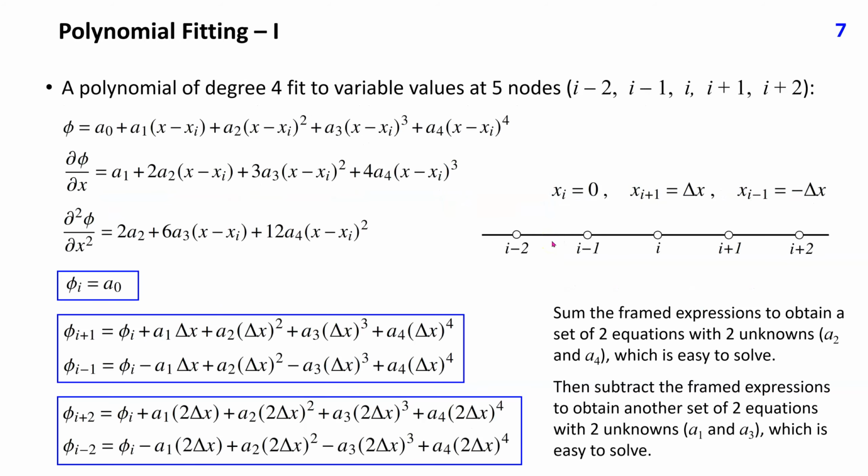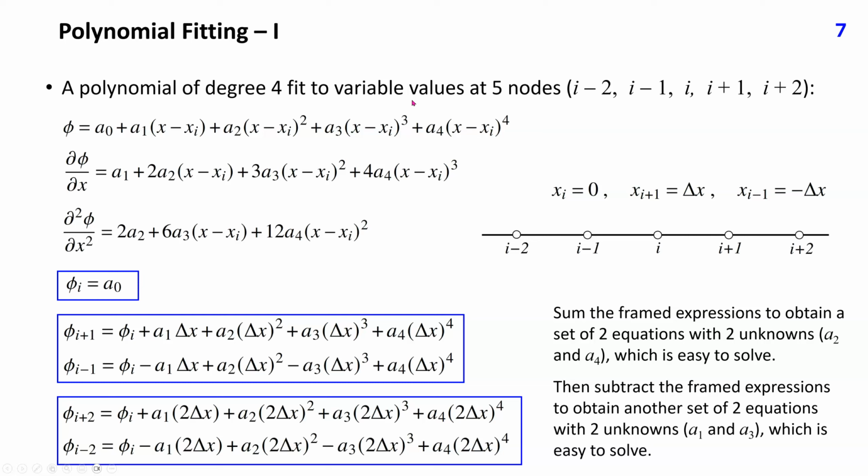For the sake of completeness, I show in this and the following slide how to derive the coefficients for a polynomial of degree 4 fit to variable values at 5 nodes and how to use the polynomial to obtain expressions for derivative approximations. This is the expression for the polynomial of degree 4 with its 5 unknown coefficients.